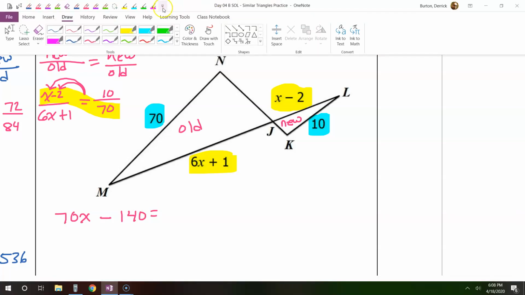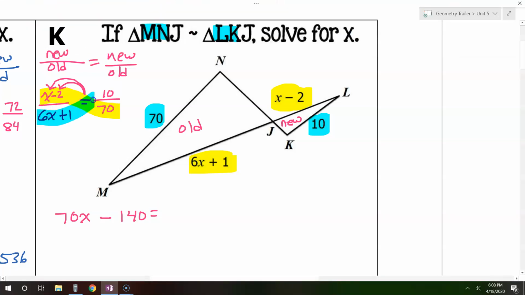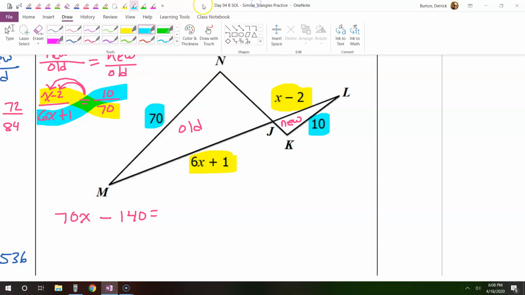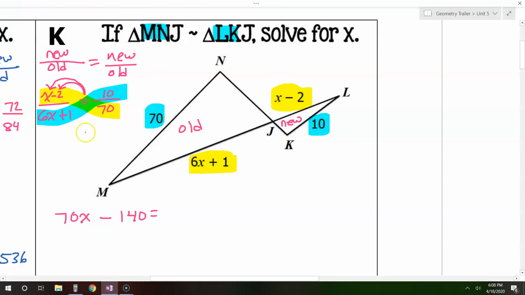And now let's look at the other diagonal, which goes like this. So this time I'm taking the 10 and I'm multiplying it by both of these. So that's going to give me 60x plus 10. All right, let's get these x's together by subtracting 60x from both sides.